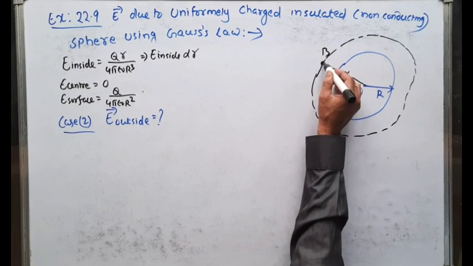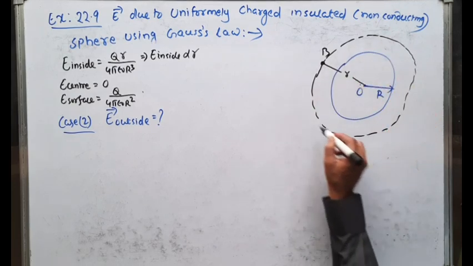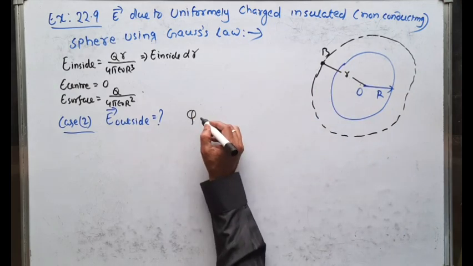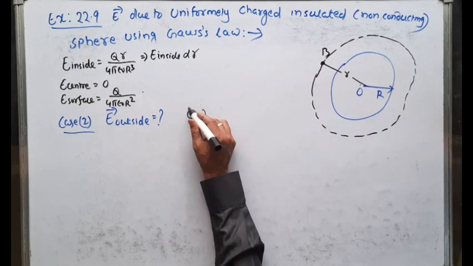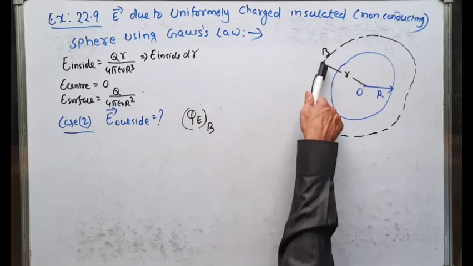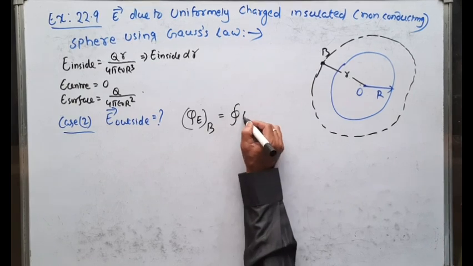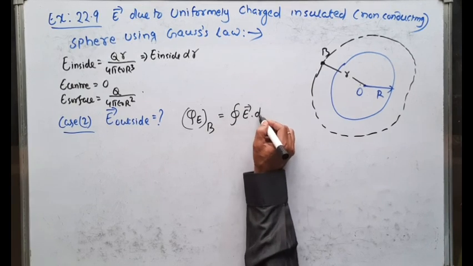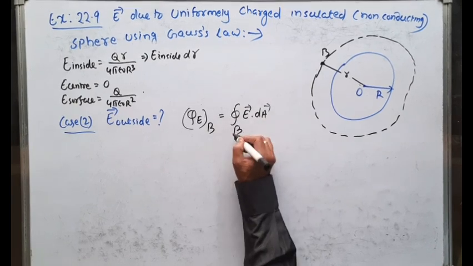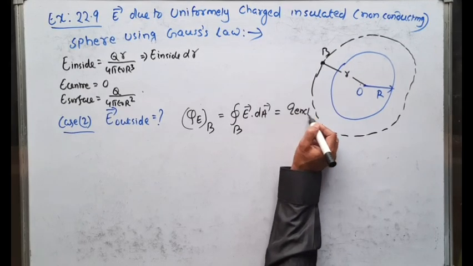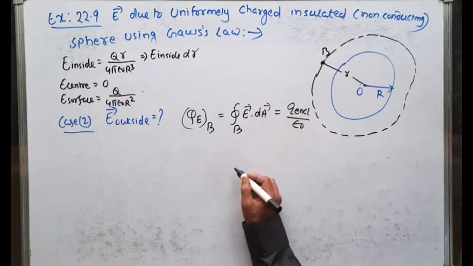So here we will find what is the flux through this Gaussian surface. So electric flux through the Gaussian surface, which is passing through the B point, is equal to, according to the mathematical expression, surface integral of E dot dA over the B surface. And according to the Gauss law, it is total charge enclosed by epsilon naught. Clear?